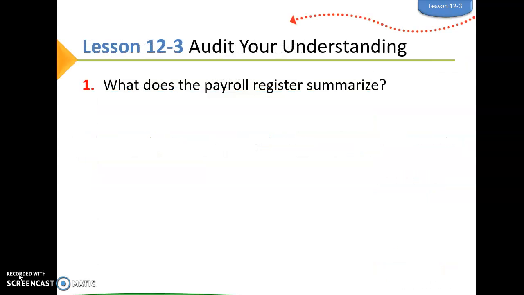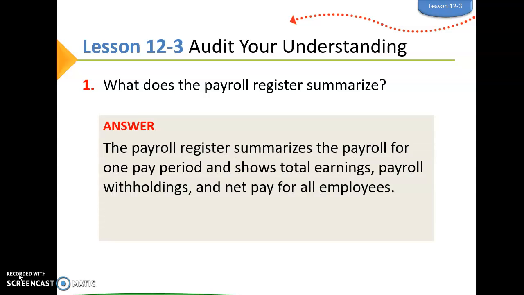All right, so what does the payroll register summarize? It summarizes the payroll for one pay period and shows total earnings, total payroll withholdings, and net pay for all employees. If we're doing a weekly payroll, we would have a different payroll register every week. If we're doing a monthly payroll, we would have a payroll register one time for that one monthly payment.